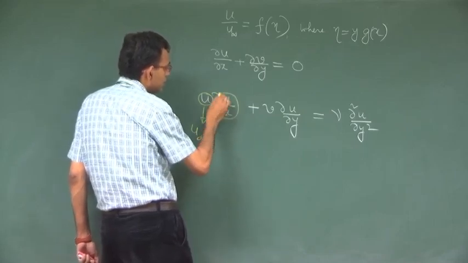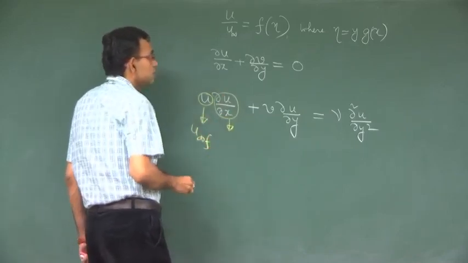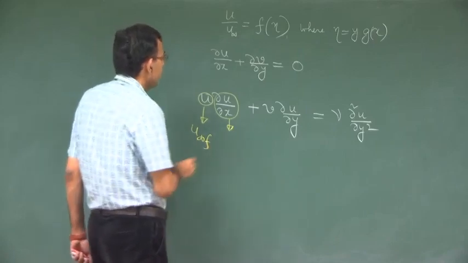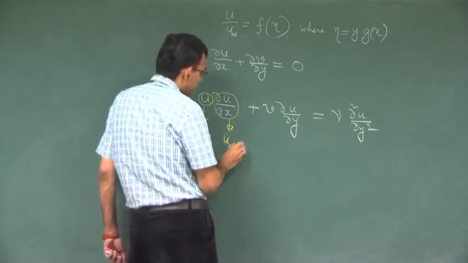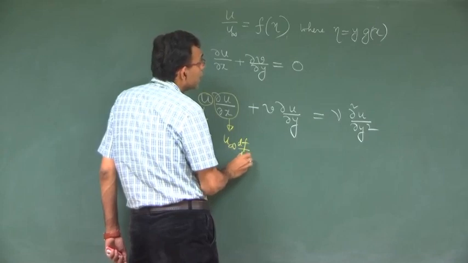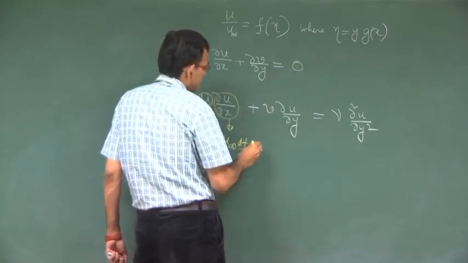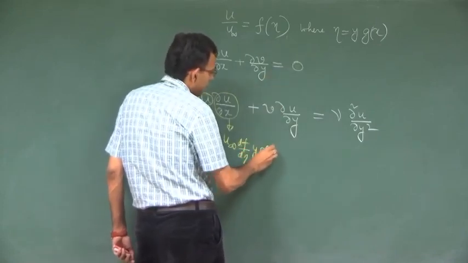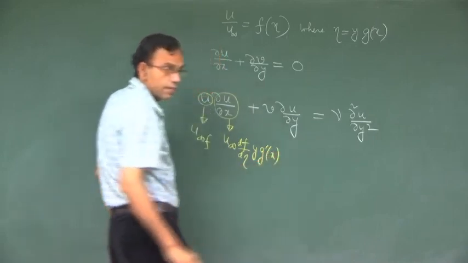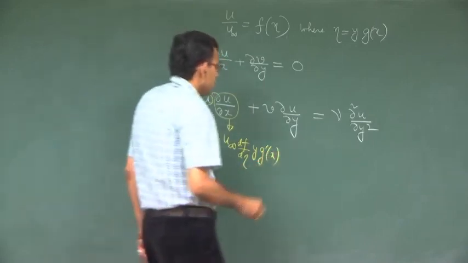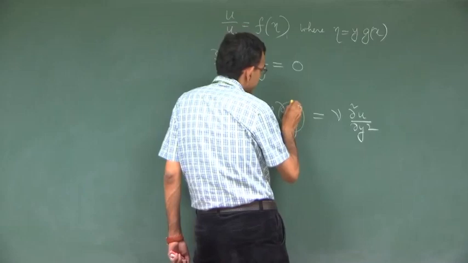What is this? This is u infinity df d eta into del eta del x, which is y into g dash x, right. Similarly, what is this?